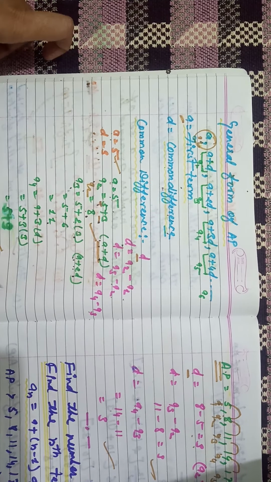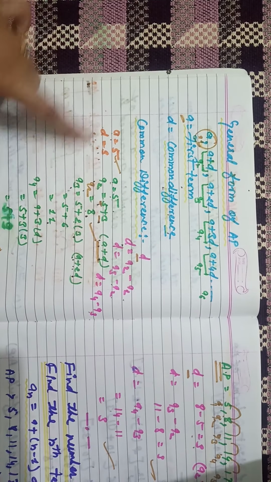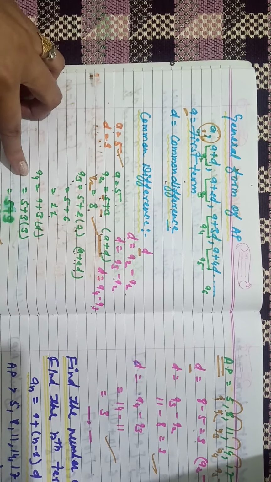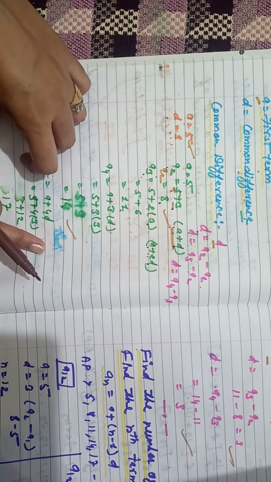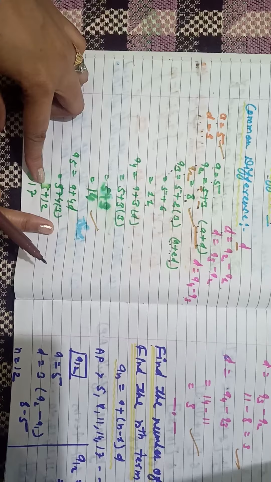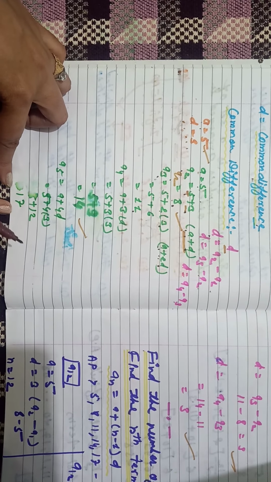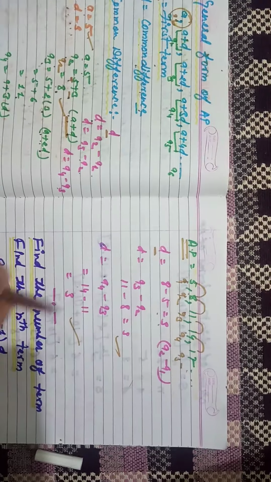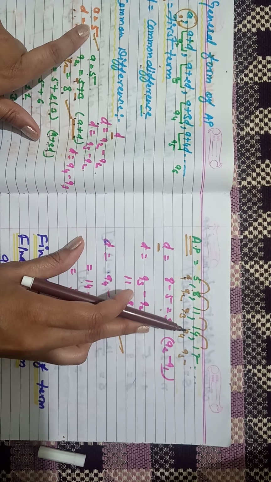In this way, by filling the values of a and d in the general form, we can write the terms of the AP. For a5, a plus 4d, with d equal to 3: 4 threes are 12, 12 plus 5 is 17. So our AP is 5, then a2, a3, a4, a5.